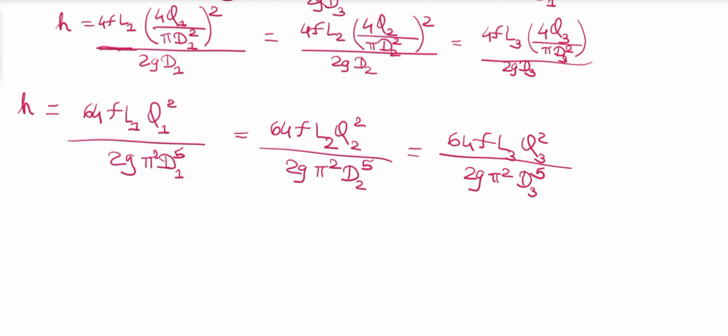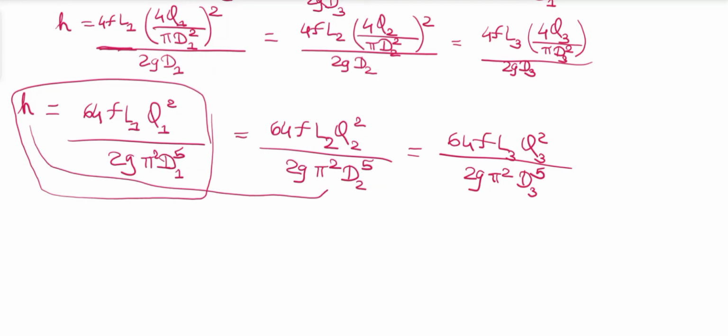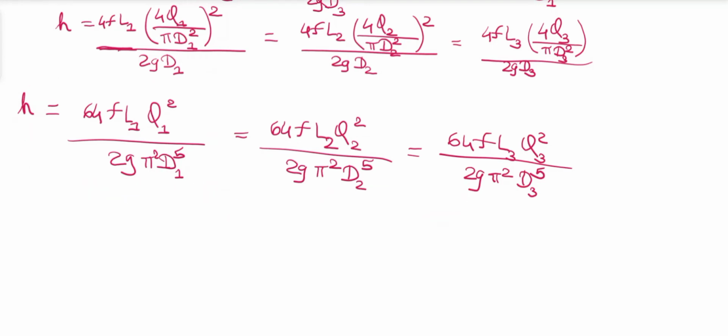Now writing all of these separately, which is comparing each one with h. The first one, second one and the third one. H is equal to 64 f L1 Q1 square upon 2g pi square d1 raised to 5.